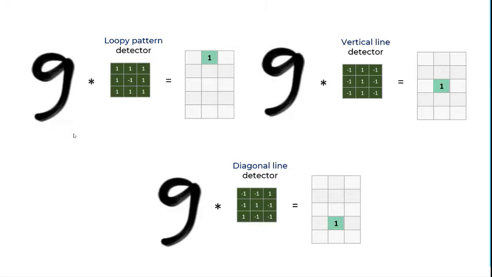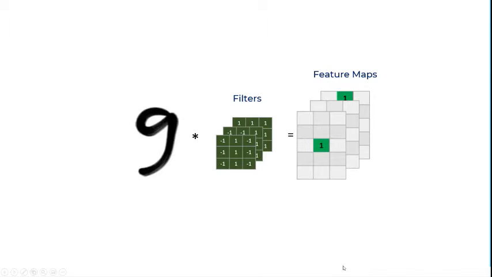In case of 9, we saw that we need to apply 3 filters: the head, the middle part, and the tail. And when you apply those, you get 3 feature maps. So I applied 3 filters, I got 3 feature maps. And this is how these feature maps are represented if you're reading any online article or a book. They are kind of stacked together and they almost form a 3D volume.